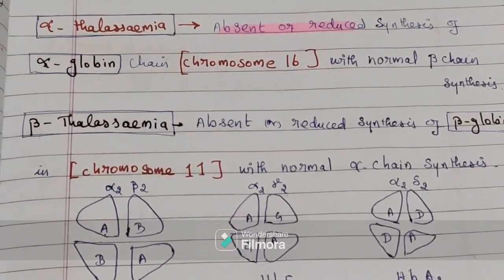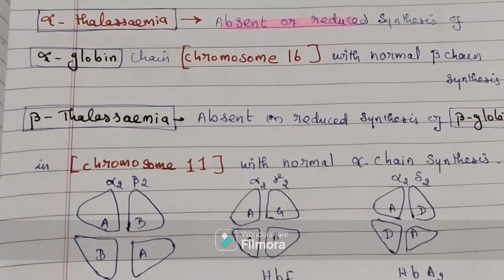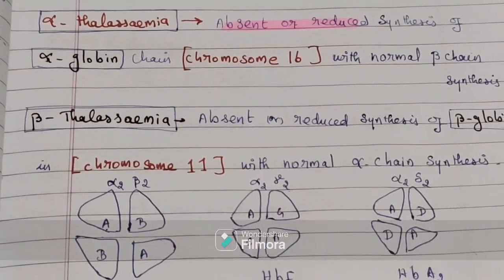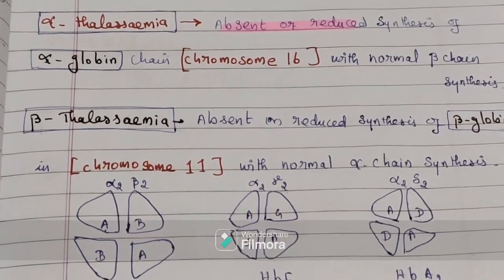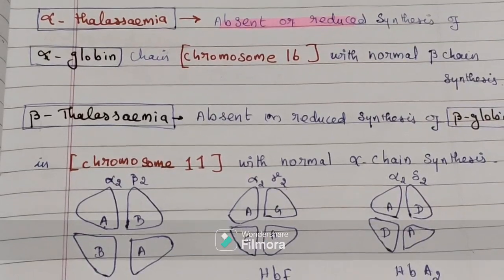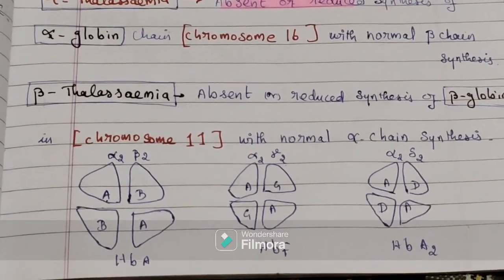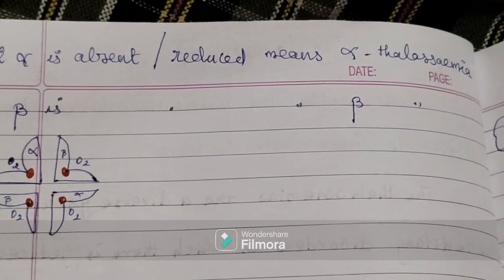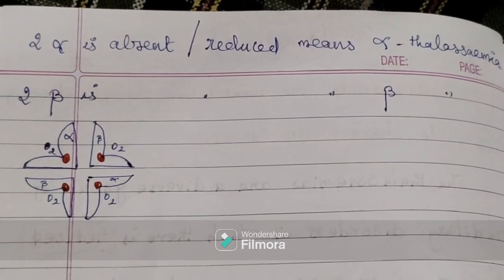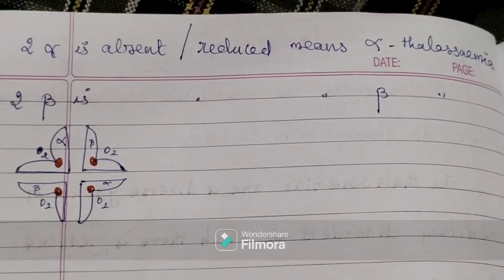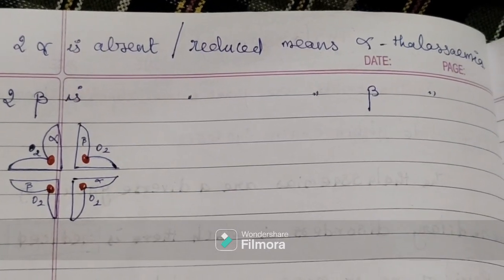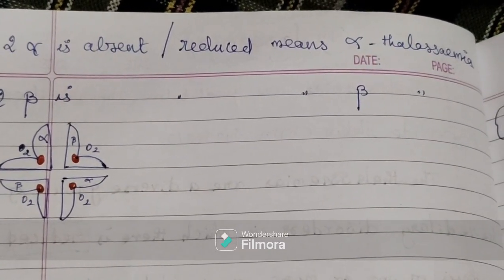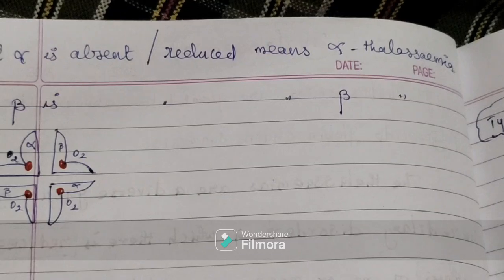Now if alpha is absent or reduced, beta will be relatively more than alpha, so it is known as alpha thalassemia. If the beta is less or reduced, alpha will be relatively more, and it is known as beta thalassemia.